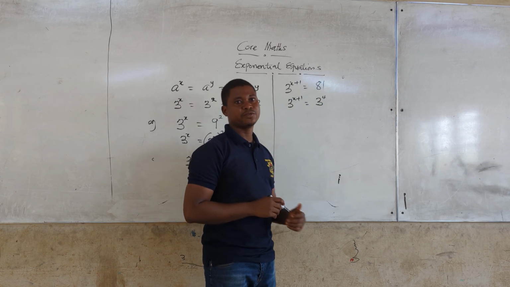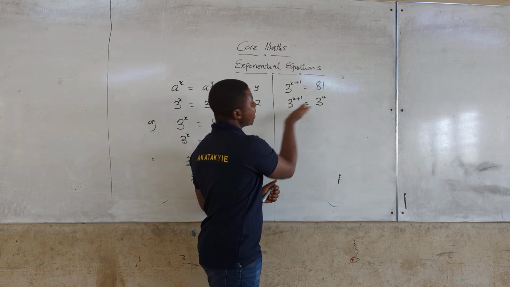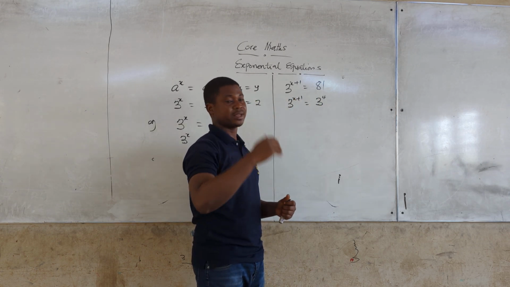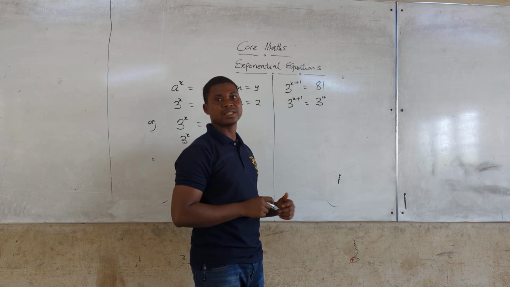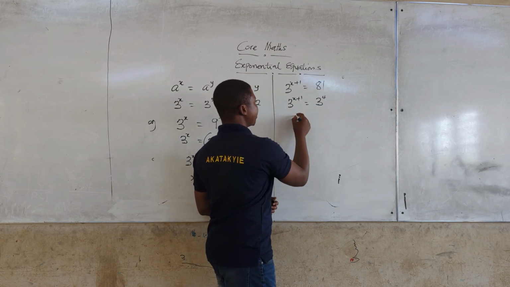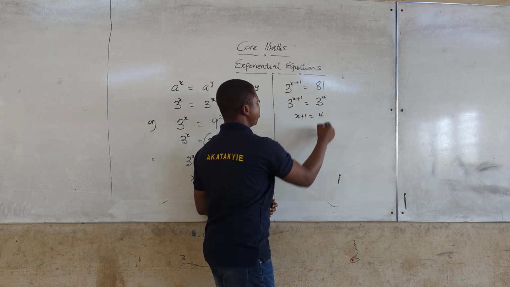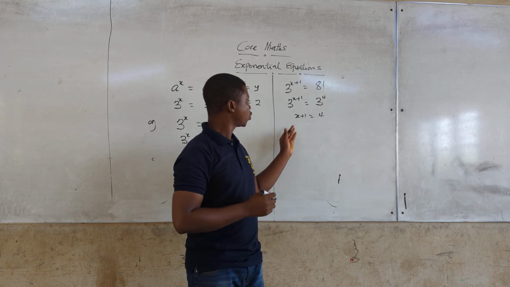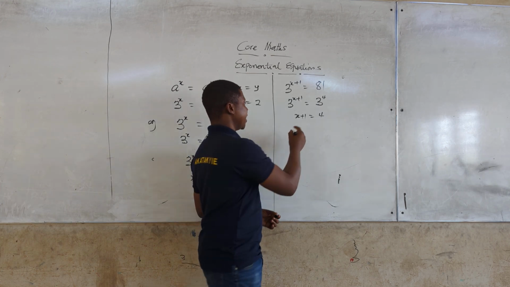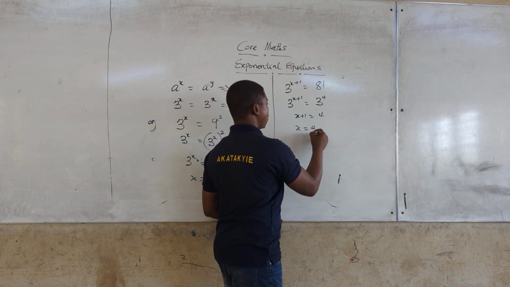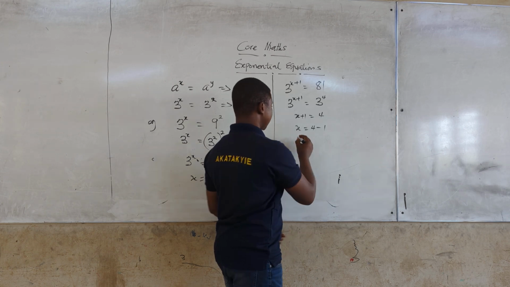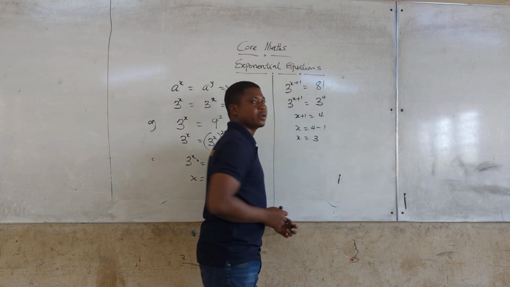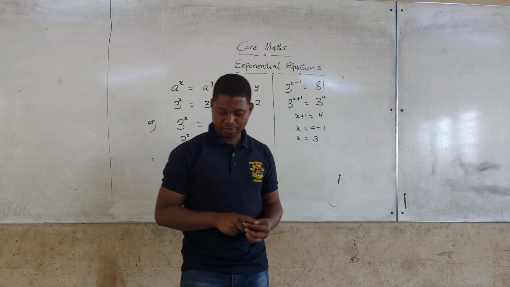So now the power is 4 and the base is 3. Now we can look at the powers. So the powers become x plus 1 is equal to 4 because the bases are the same. So now we can find x. x is equal to 4 minus 1. x is equal to 3.